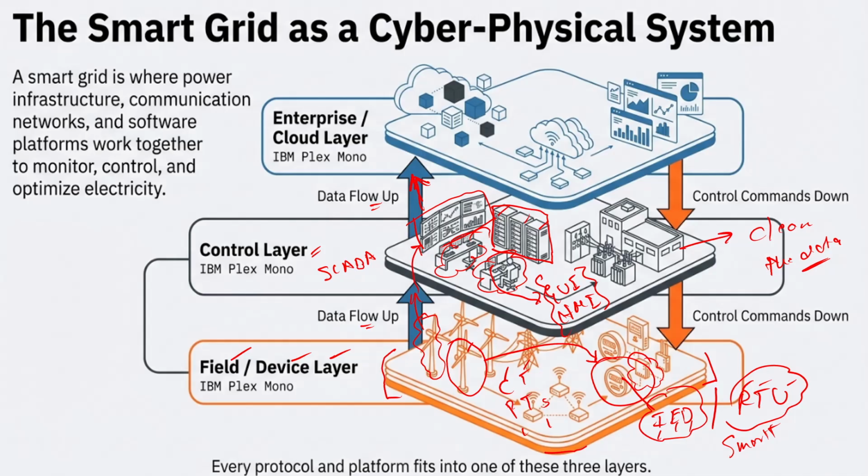For example, as I was giving an example yesterday, this cloud layer could be AWS, Azure, or GCP. These three are the main important service providers for the cloud as of now, and there are many others, for example Oracle and so on.